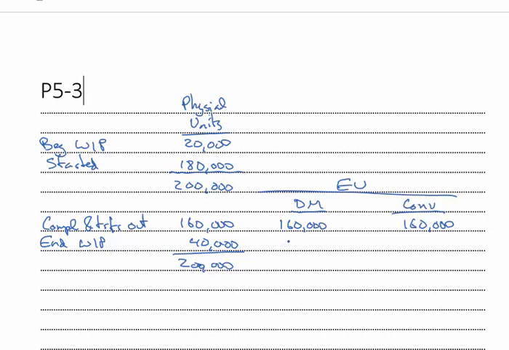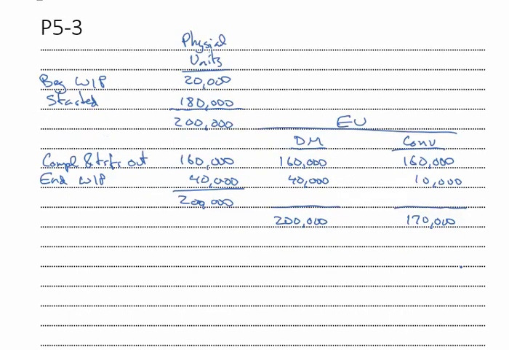So 100% complete here is 40,000, and 25% of 40,000 is 10,000. So for equivalent units, we are looking at 200,000 and 170,000.